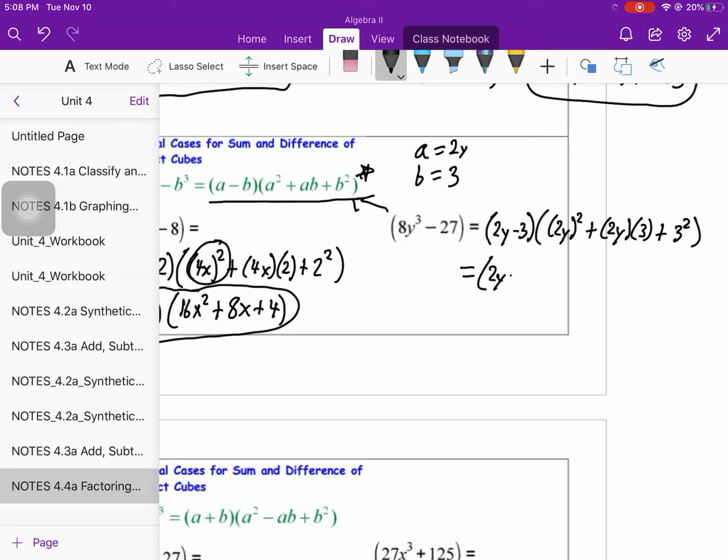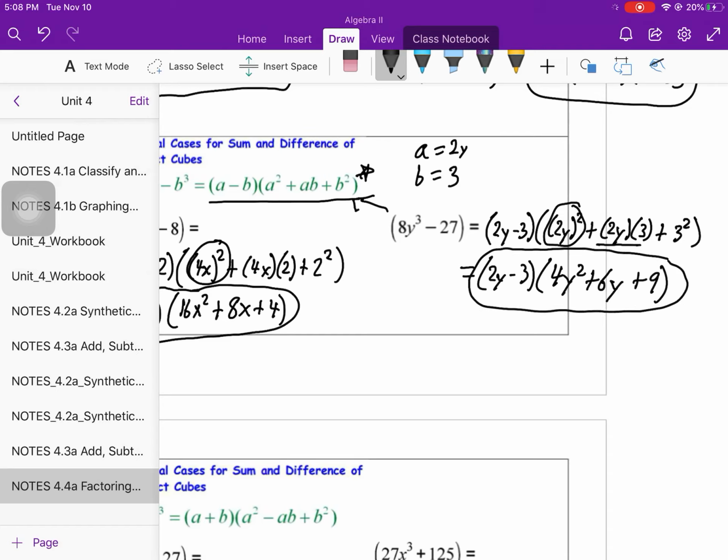Then we just simplify, nothing changes in the first parenthesis. This one is going to become 4y squared. We multiply 2y times 3, we get plus 6y. And then when you square 3, you get plus 9. And that's our answer right there.